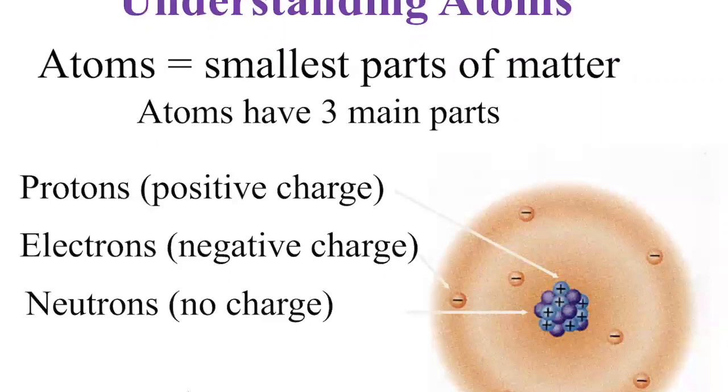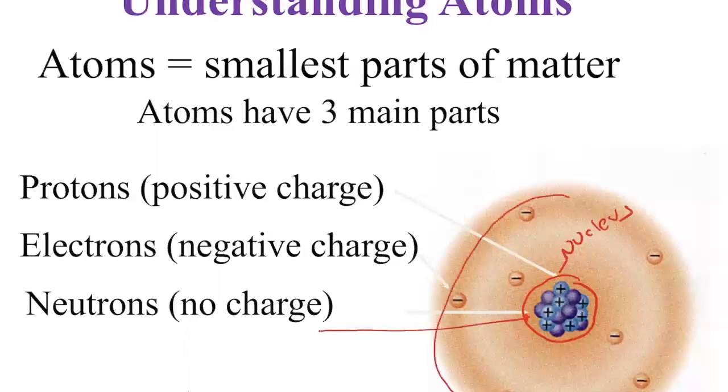The proton carries a positive charge and is inside the nucleus. The neutron has no charge and is also inside the nucleus. Outside the nucleus, there are clouds, and that's where you're going to find the electrons, which have a negative charge.